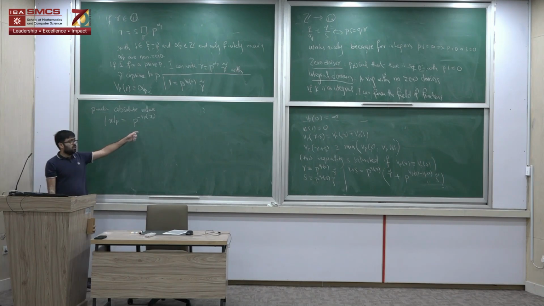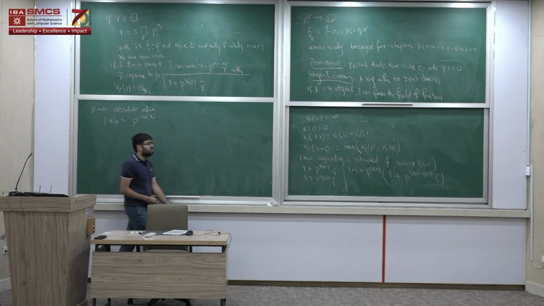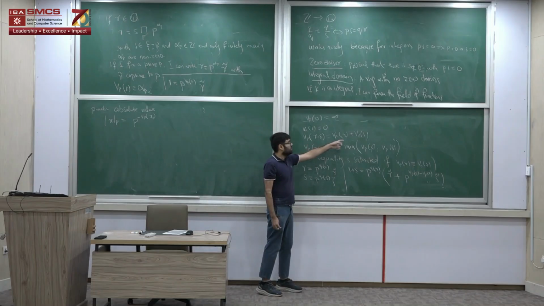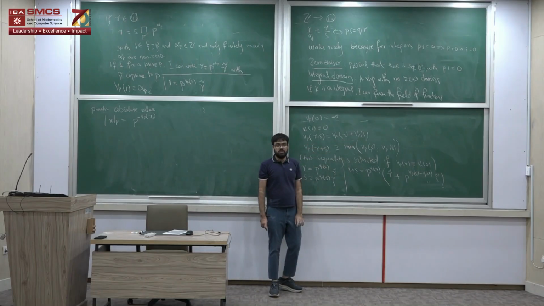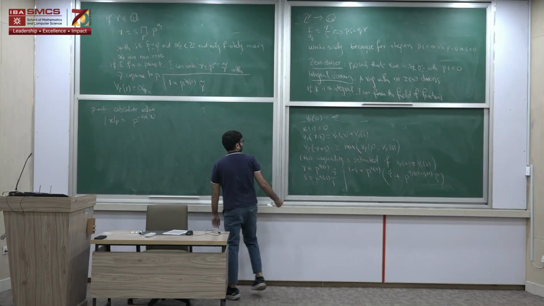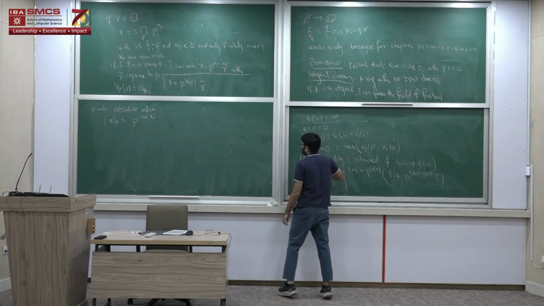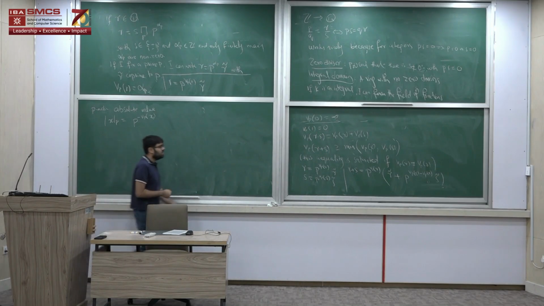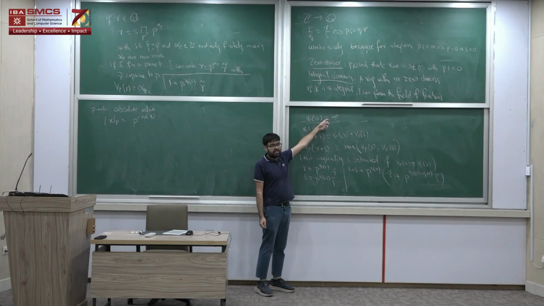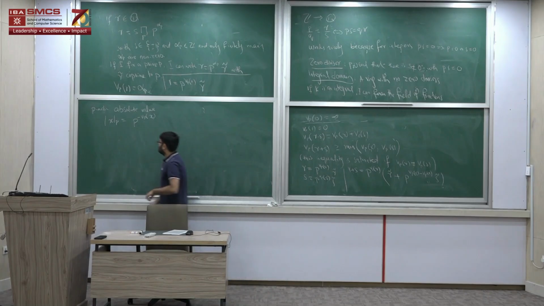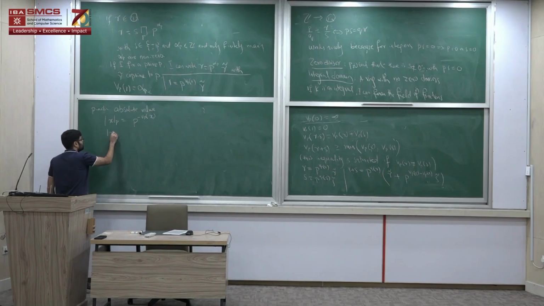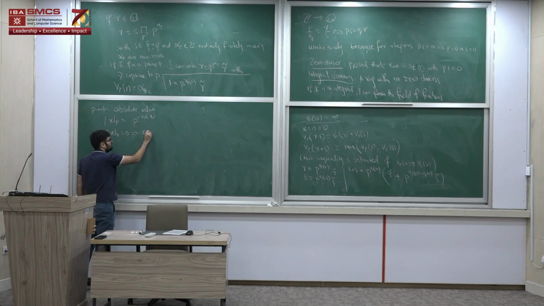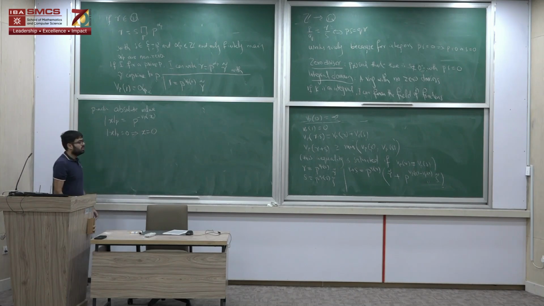We do want to exponentiate it, because exponentiation will turn this addition into multiplication. Because of this, we can check properties very easily: the only thing that has valuation infinity is 0, so |x|_p equal to 0 means x is equal to 0.